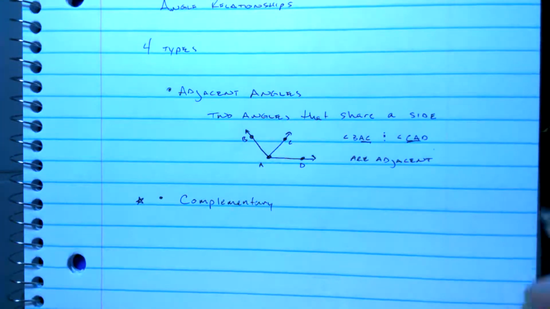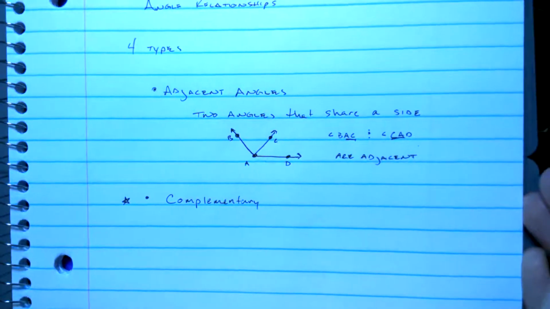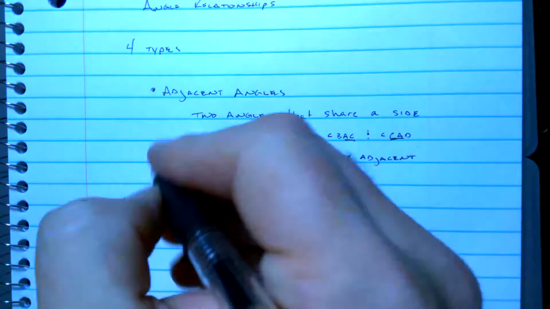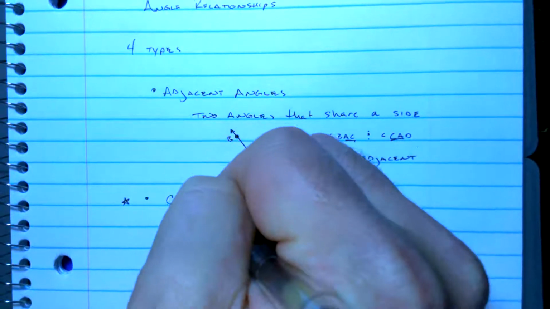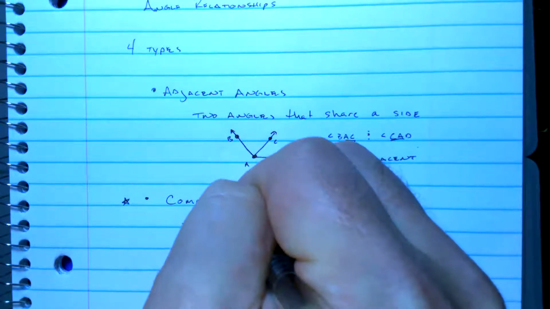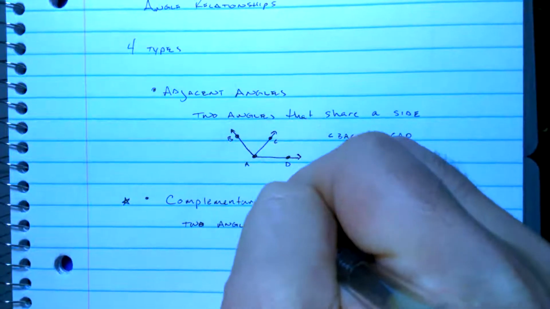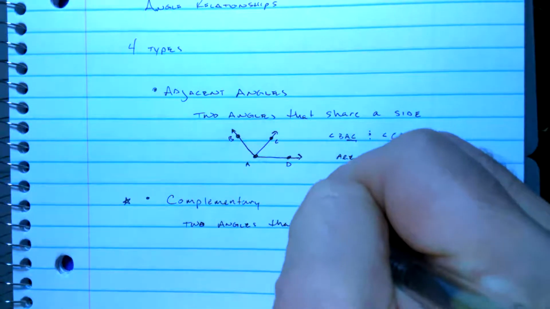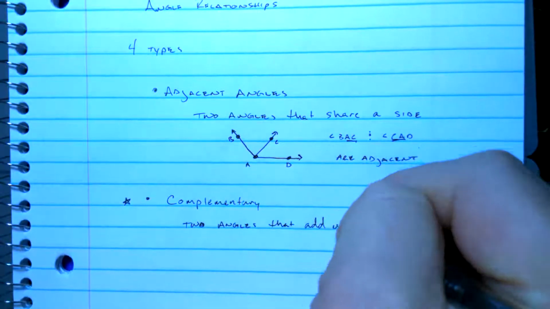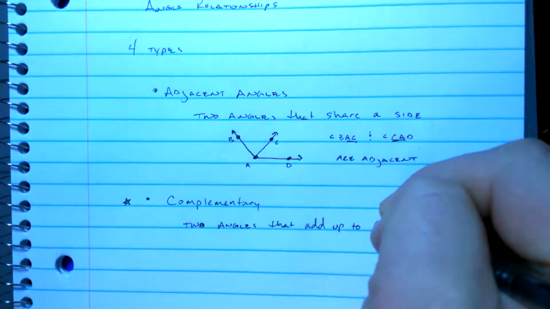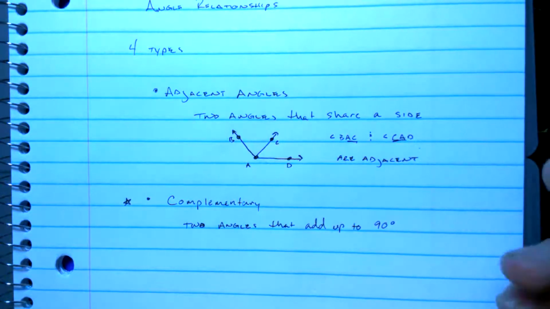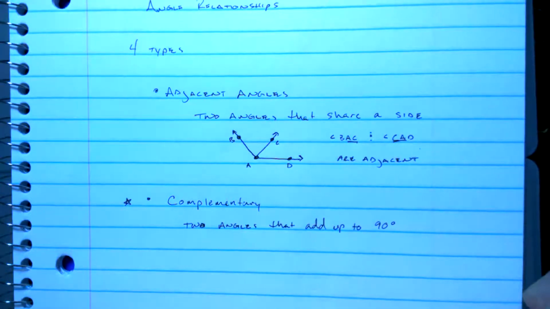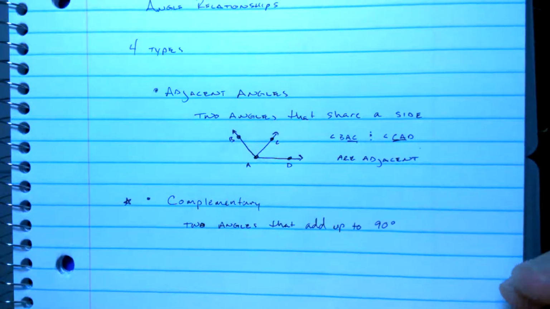It's kind of important. Complementary angles are two angles that add up to 90 degrees. So two angles that add to 90 degrees are considered complementary.